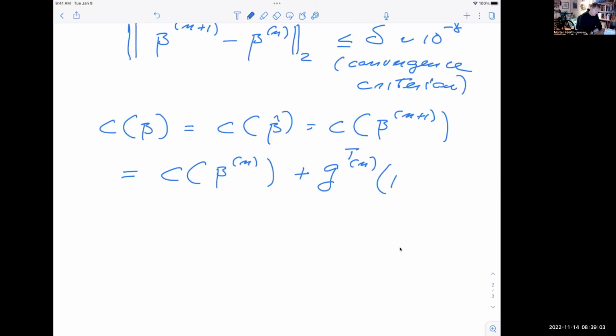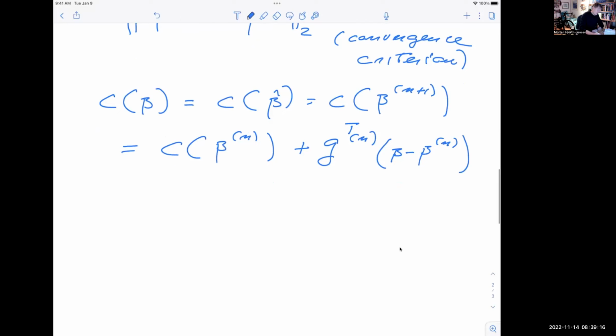So let's also look at the next term which we have here. We should then calculate beta minus beta n, this is a vector. The gradient has the same dimension as beta. Then we get the second derivative, plus 1/2 of beta... Since these are vectors and matrices, we have to be a little bit careful. This is a transpose.